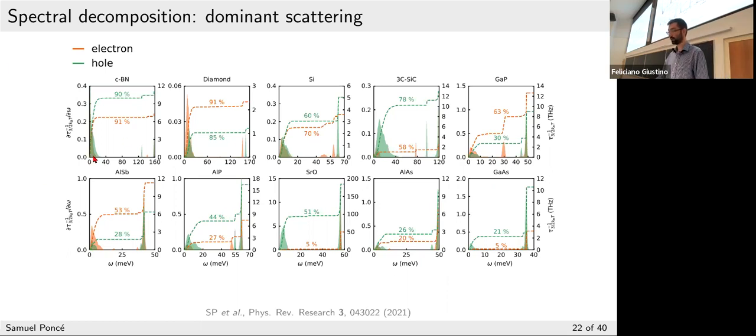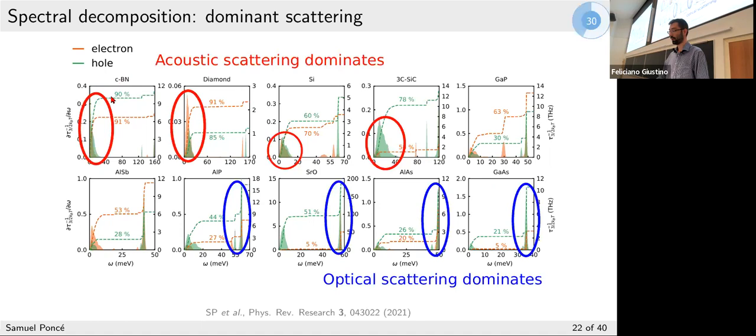And so here, you really see that, for example, those four materials, they are really dominated by acoustic scattering, all of them. And it sort of makes sense because those are very stiff materials: cubic boron nitride, diamond, silicon carbide. And then you have some very polar materials like gallium arsenide, aluminum arsenide, and so on, that are dominated by optical scattering.